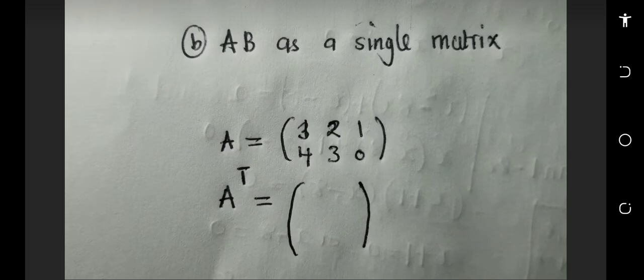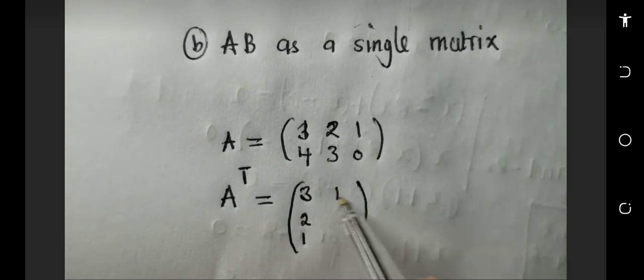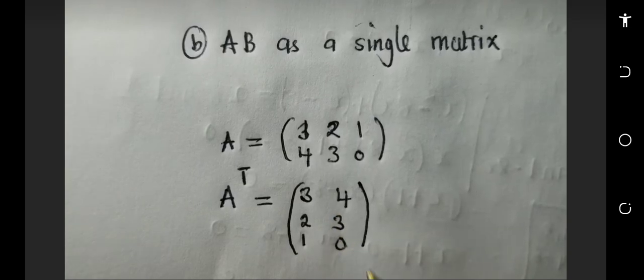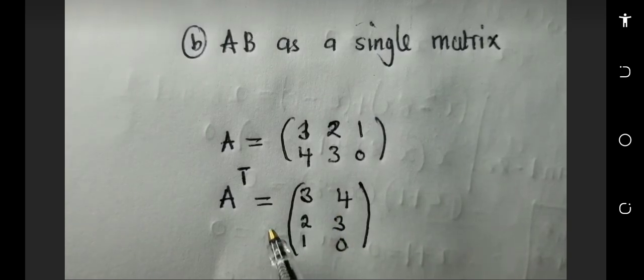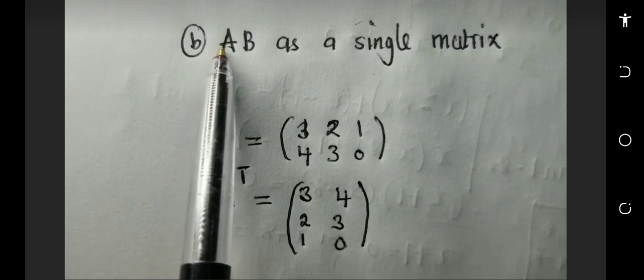We shall have 3, 2, 1, 4, 3, 0. So this is how you write the transpose of the matrix. You just get this, become this, and this one become that. That's all. Now for question B, they want us to find AB.